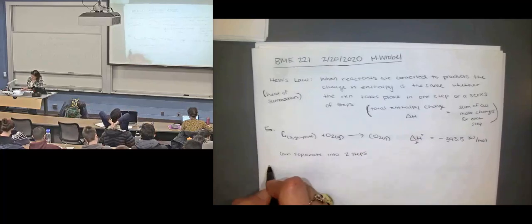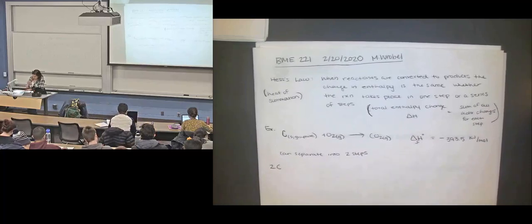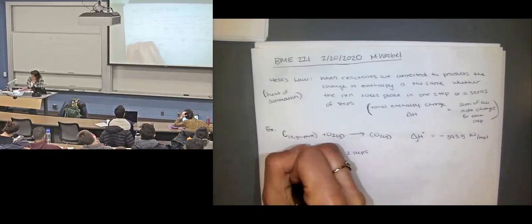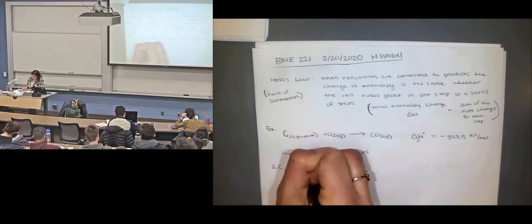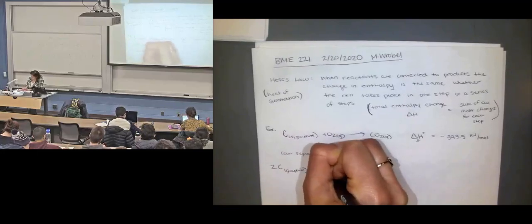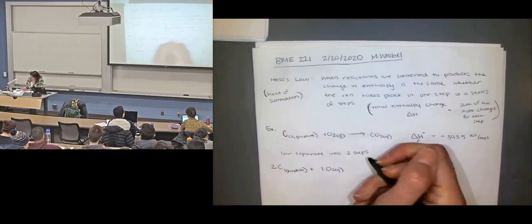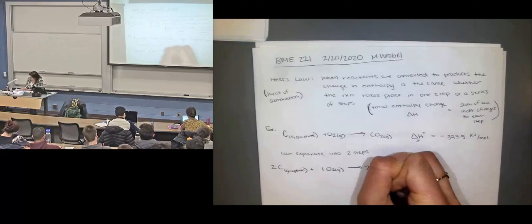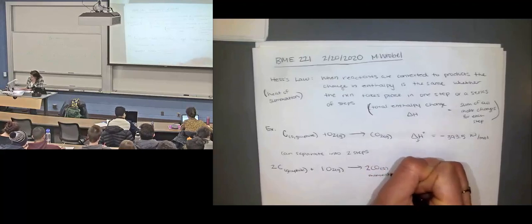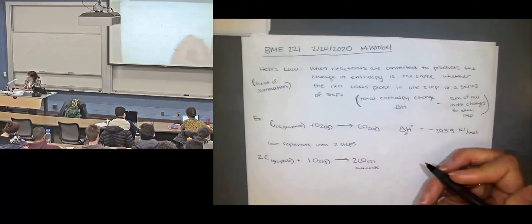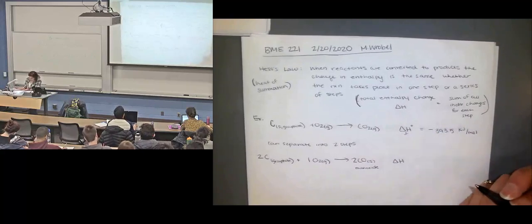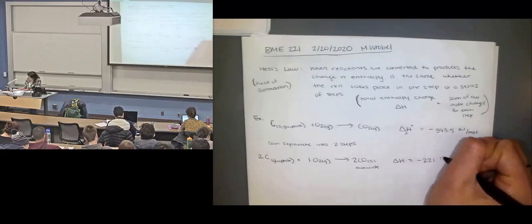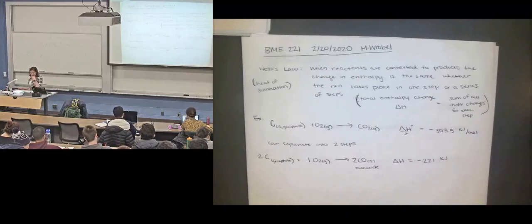To keep everything in integers, let's have 2 graphite plus 1 oxygen making 2 carbon monoxides. Everybody's balanced. This would give delta H equal to negative 221 kilojoules. It's not in per mole.